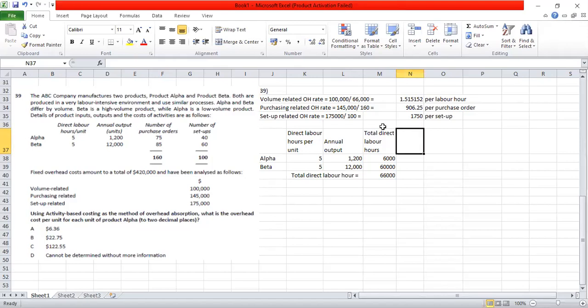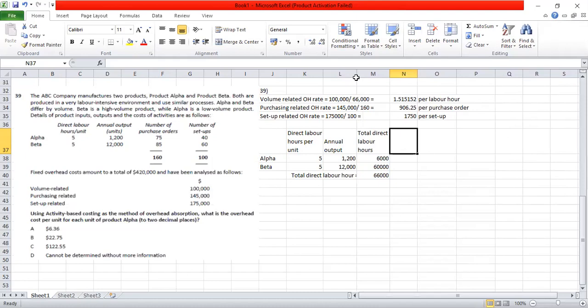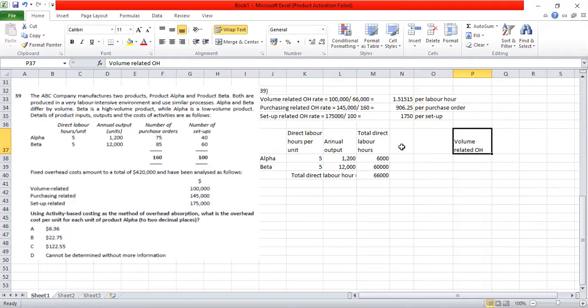So let's start with the first one. The first one is volume related overheads. We will also bring the details here. We have purchase orders, number of purchase orders.